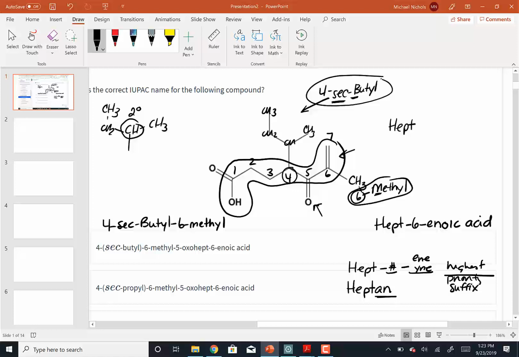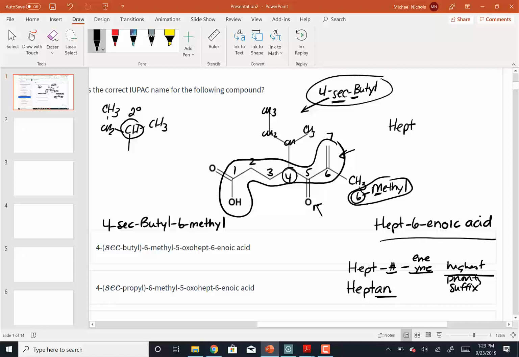So the only thing that's left over is, what do I do about the carbon 5 that has a C double bond O? Okay. There's probably an old numbering system out there that would put it in this line or in that sequence.